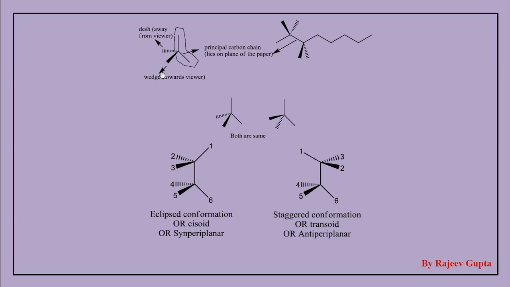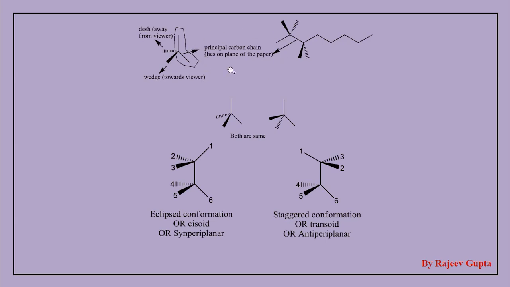This is the wedge-dash representation of a tetrahedral structure. Here we put the principal carbon chain, the carbon chain from which the word root in the IUPAC system comes. In the IUPAC system we choose a main carbon chain from which we select the word root.